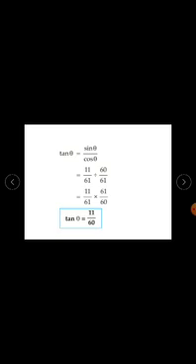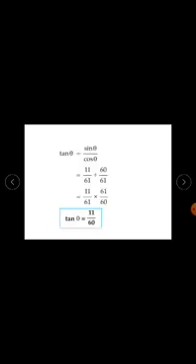So tan theta equals 11 upon 61 divided by 60 upon 61. Taking the reciprocal, 11 upon 61 into 61 upon 60. Cancel 61 from numerator and denominator. So tan theta equals 11 upon 60. So cos theta is 60 upon 61 and tan theta is 11 upon 60.